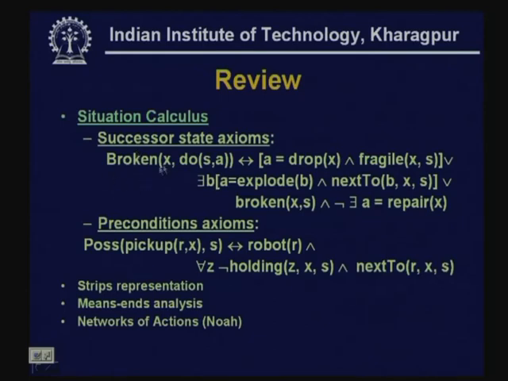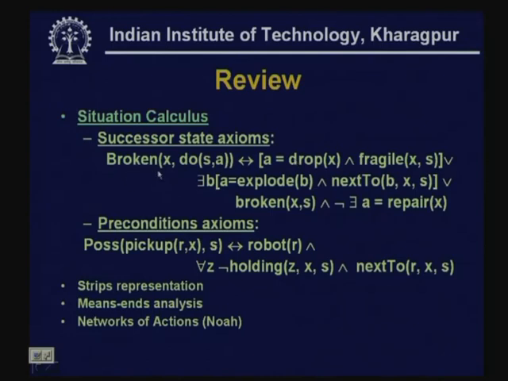For every action, let us say the drop action, we say that the effect of the drop action is broken x, but we also want to say that if the drop action has not been performed, x will not be broken.